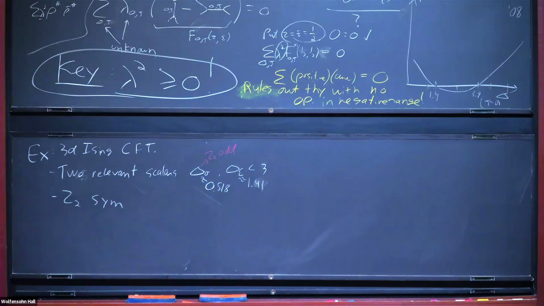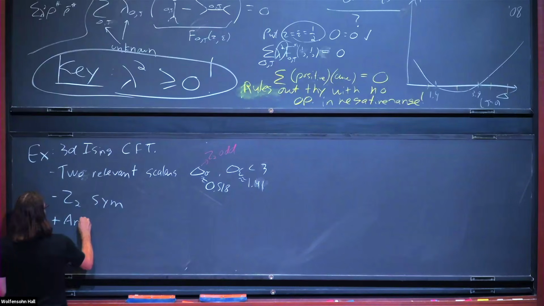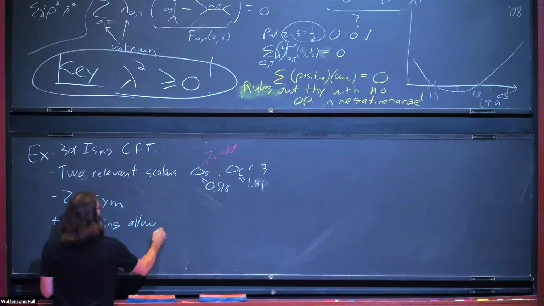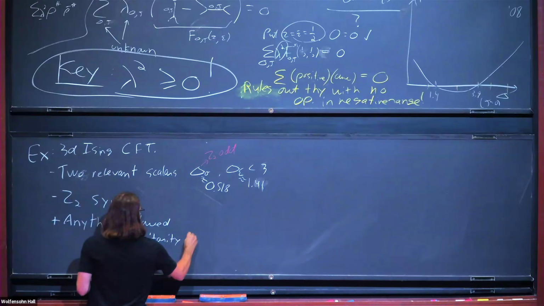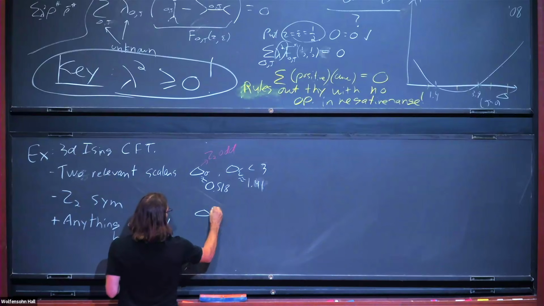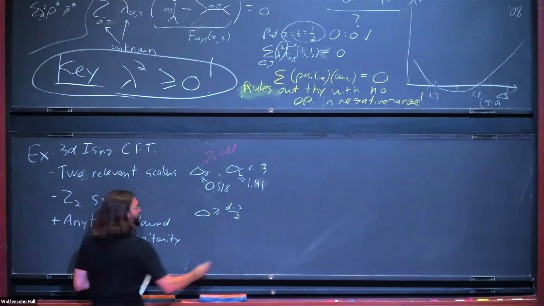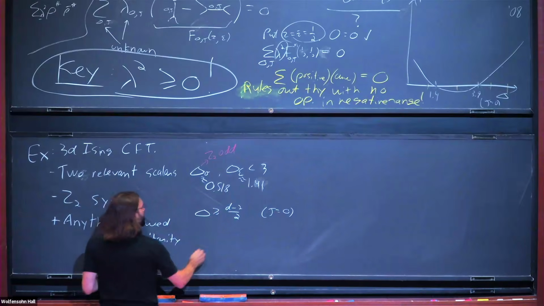Then what we're going to do is look for all the possible spectra that satisfy these properties. The only other thing that constrains the spectra is the unitarity bound. So we consider anything that's allowed by unitarity. That gives something like the delta of the scalars is greater than (d-2)/2, the dimension of a free field. Of course, having two scalars less than 3 automatically satisfies that.